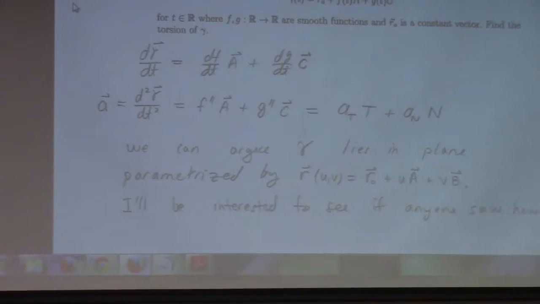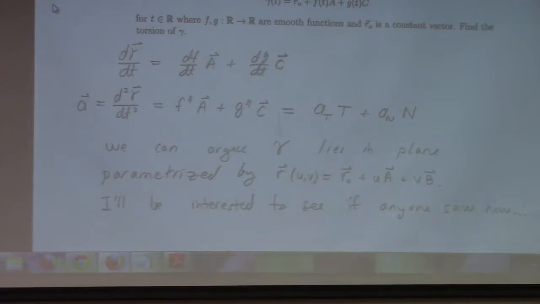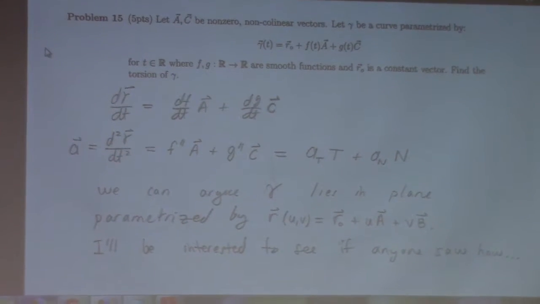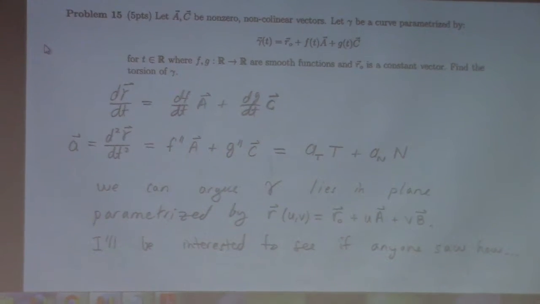So this is a planar curve, so its torsion is 0. Now, you could also calculate that by calculating the unit tangent, calculating the normal, taking the cross product, differentiating, and see it's 0 as a consequence of the formulas. You could work that out, but it's far easier to think conceptually here.